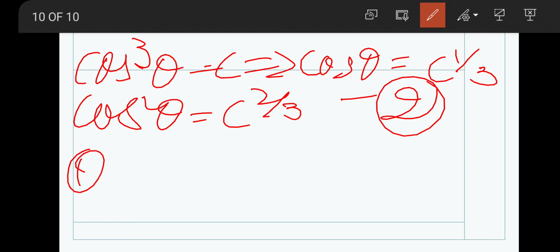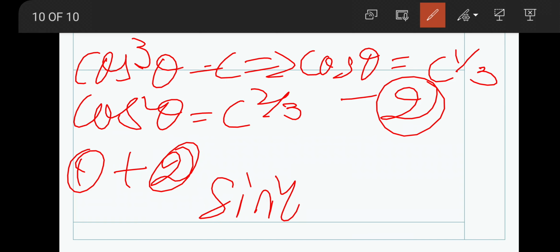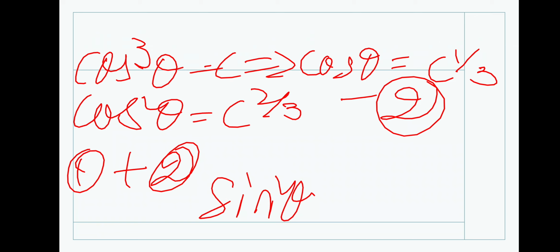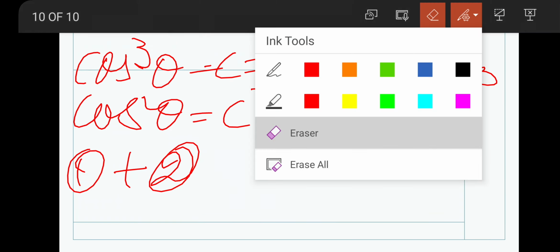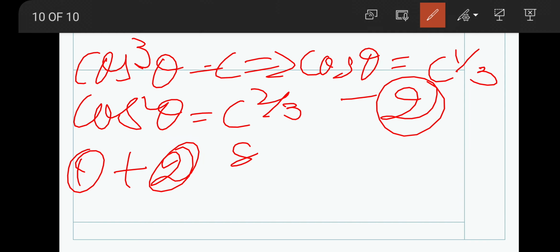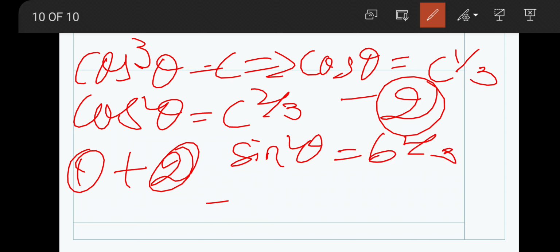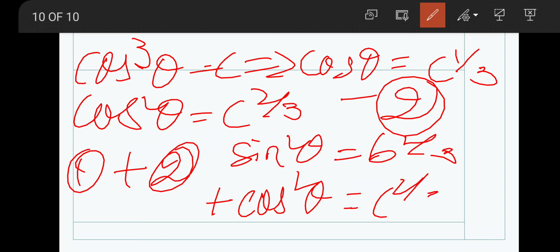So adding equation 1 plus equation 2: sine square theta equals b to the power 2 by 3, plus cos square theta equals c to the power 2 by 3.